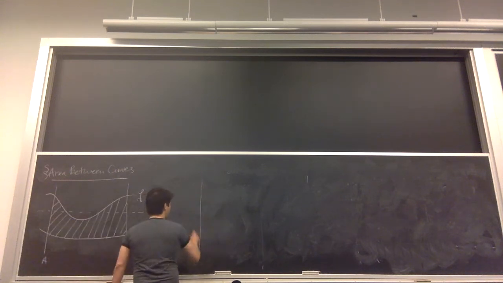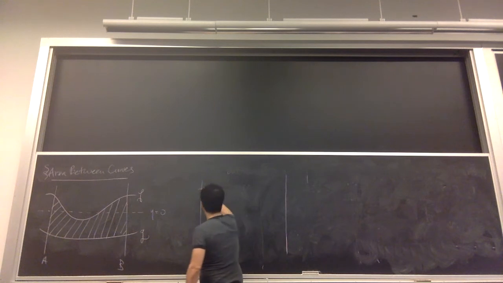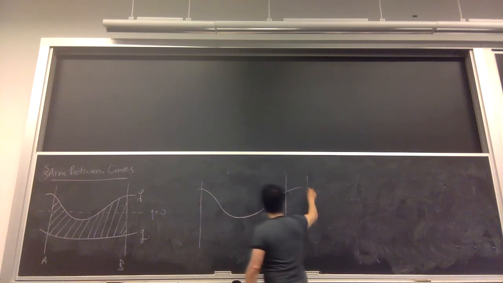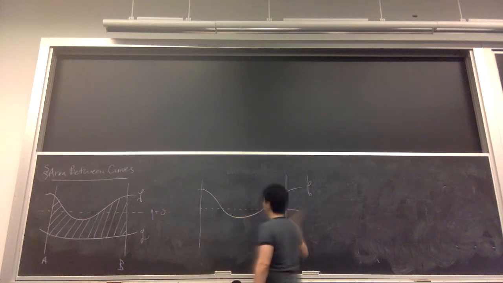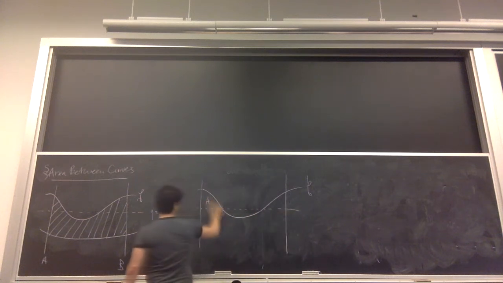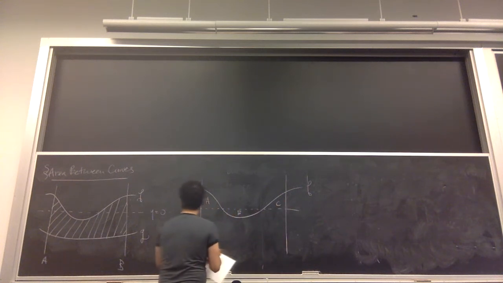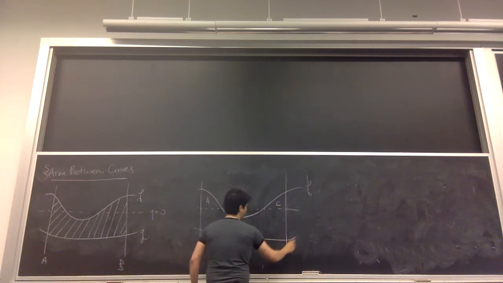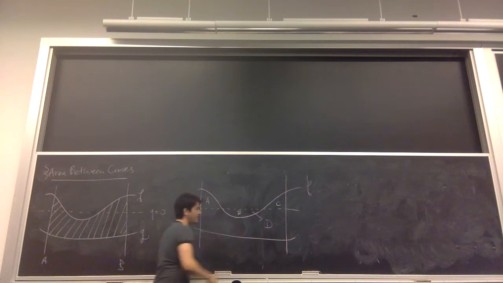Let's think. Here's A, here's B. So this was F, more or less. If I take the area under the curve here, let's label it. Let's label this as A, this as B, and this as C. This area down here is going to be D, but it includes this area, both in there and in here.